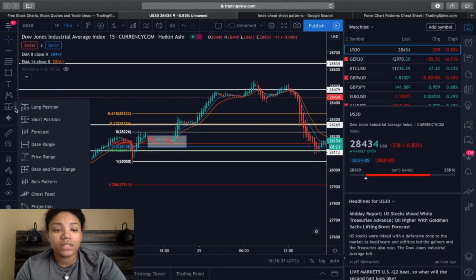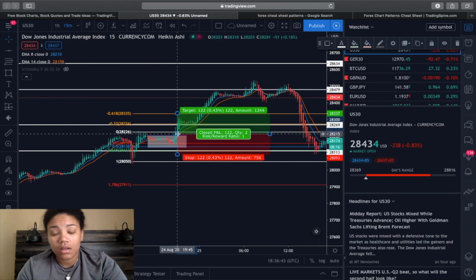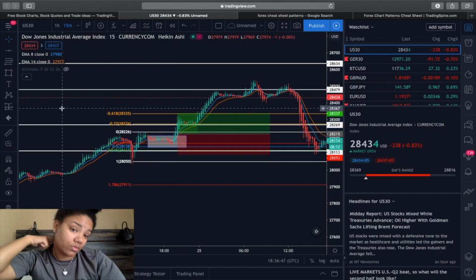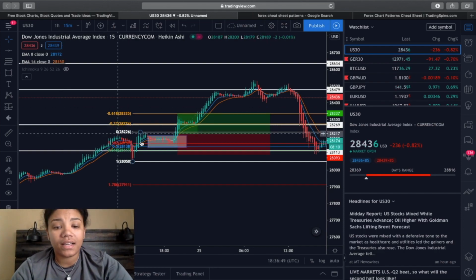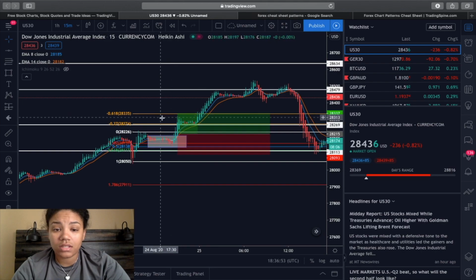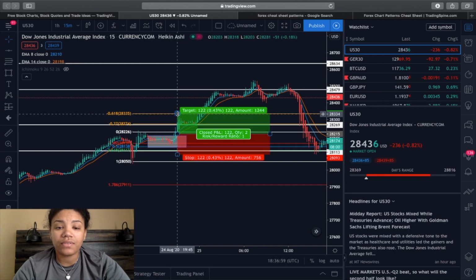Now, when it comes to risk management, that's something you have to work on within yourself, you know what I mean? But you also got a tool that'll help you, right? So since we in a buy, we can put our tool there, and this risk to reward is perfect. And you see that it lines up perfectly with my TP.